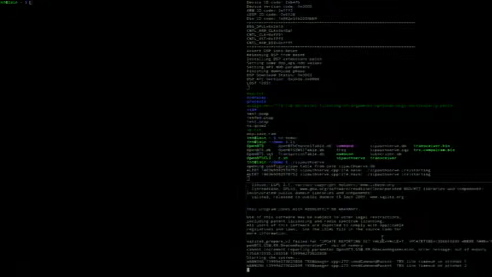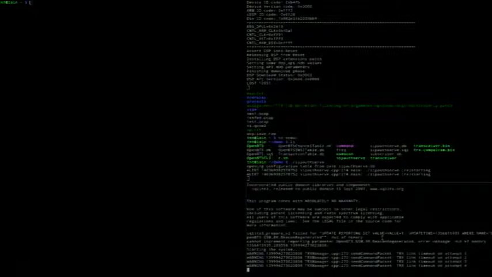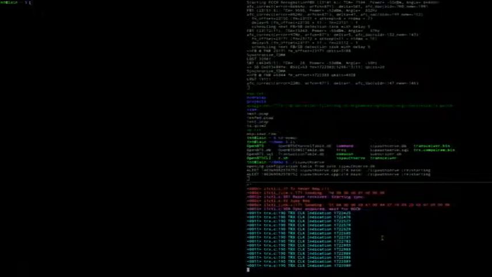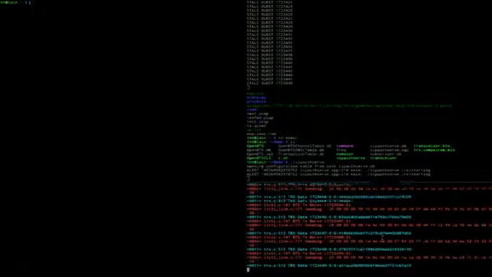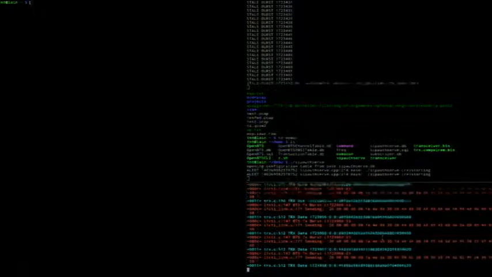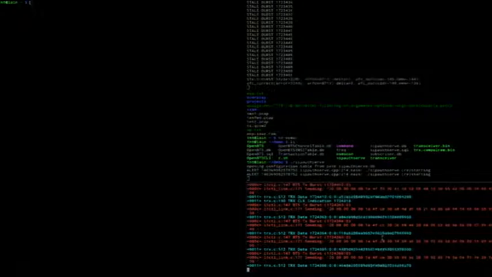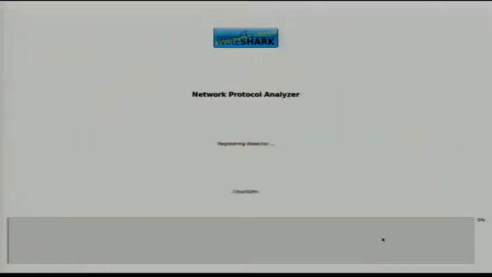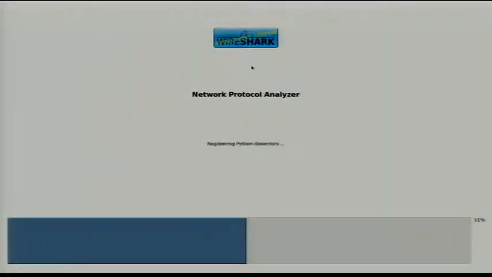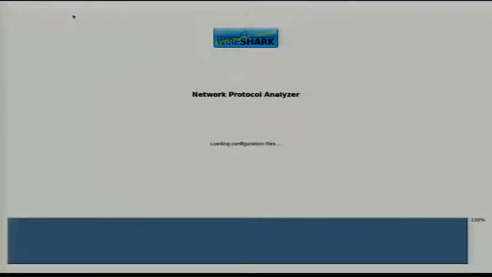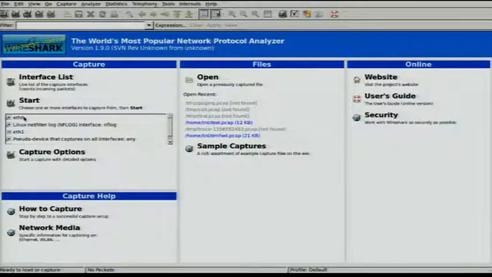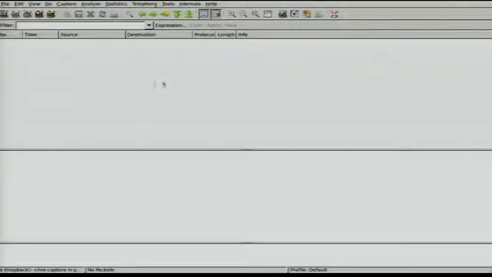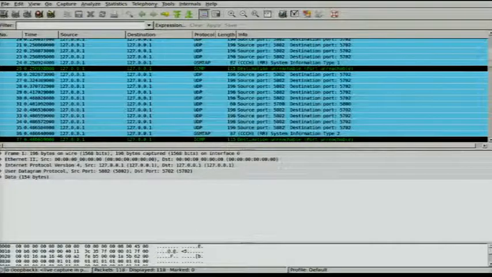OpenBTS itself will start the transceiver application in a moment, and the phone is synchronizing to the commercial network, then OpenBTS starts to transmit bursts, and this is hopefully broadcasting a BCCH now. If we look at Wireshark, oh, right.